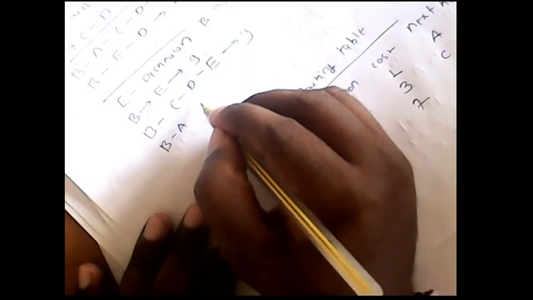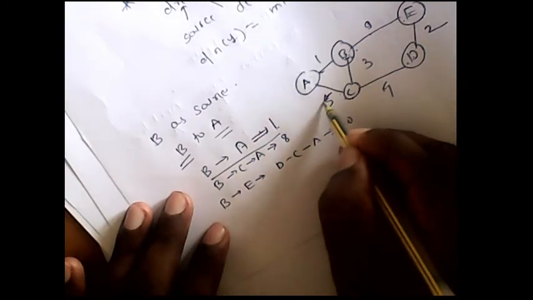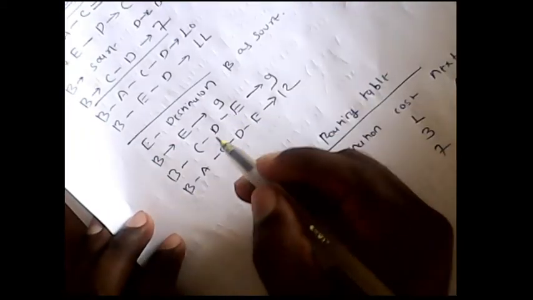Then next from B to E, with B as the source point and E the destination, there is B, A, C, D, E. To calculate the cost: 1 plus 5 is 6, and 4 is 10, then 12. The minimum cost is 9, but there are two paths with the same cost, so we use the minimum number of hops.